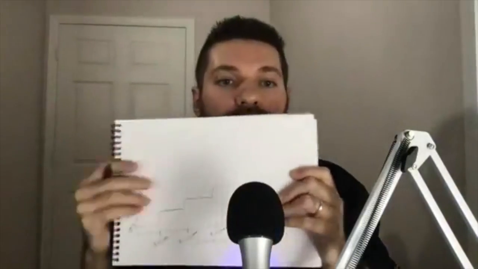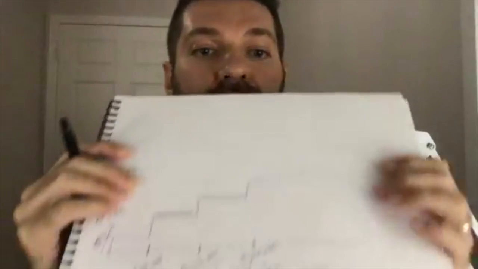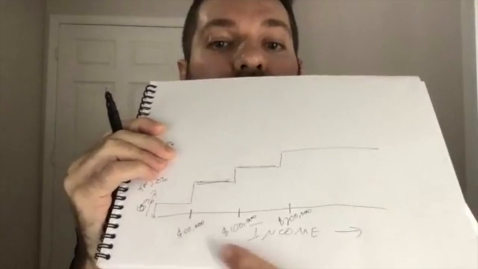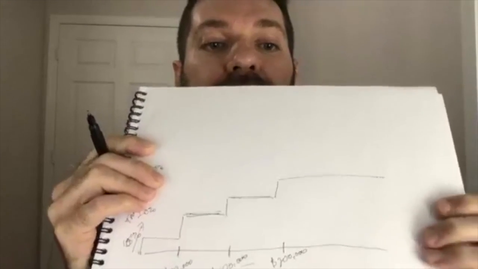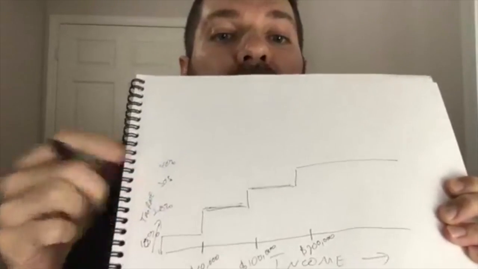We'll say at the next step, it's going to go up to say 20%. Right? So this step here is 20%, and we'll just call this step 30%, and this top step 40%. So what we have here is 4 steps, right? 4 steps to where your income is going up as you move across, right? And then your tax rate is going up as you move across.